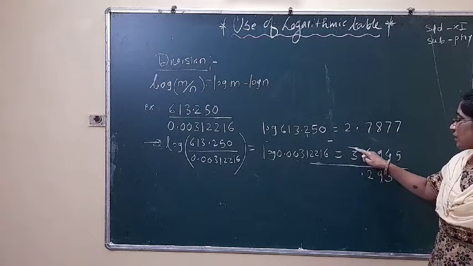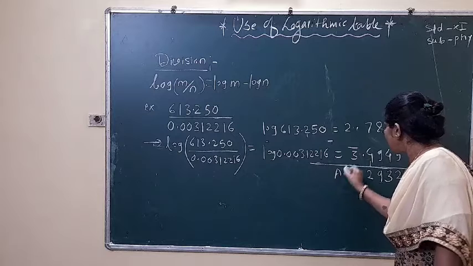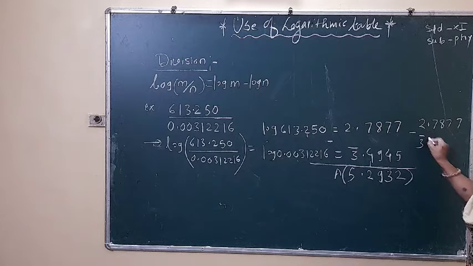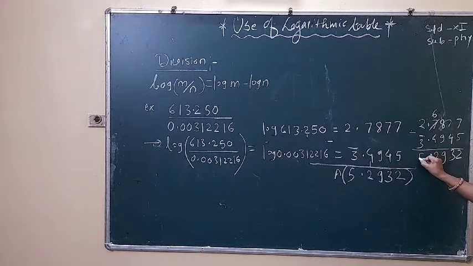Then here it becomes positive due to the negative sign. 3 plus 2 gets 5. By the second method of subtraction: 4945, here 7, 17, sorry, 18 minus 9, 9, 6 minus 4, 2, and 3 plus 2, 5.